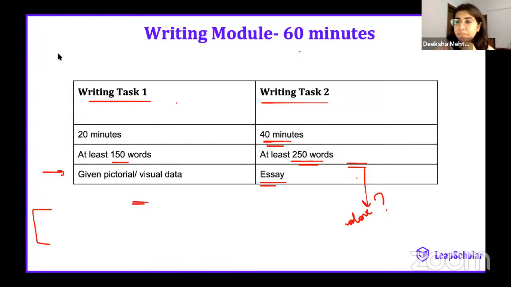Yes, Kanika. Perfect. So yes, Steve says no idioms, no personal pronouns. Perfect. Except for when you're writing your opinion. So yes, no personal pronouns. For example, I, me, we, us. What else?